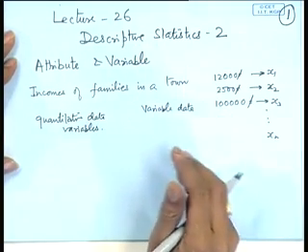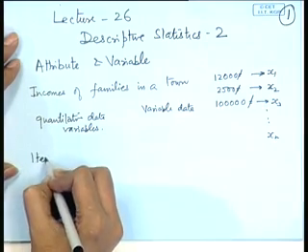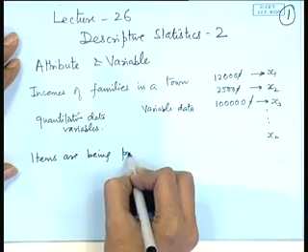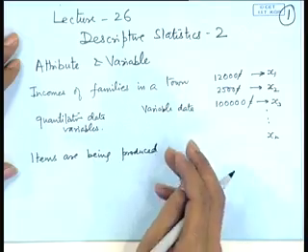But there are certain other places where the data is not recorded in the beginning as numerical data. For example, if a manufacturing process is on and certain items are being produced, a quality control inspector measures a certain characteristic of that product.